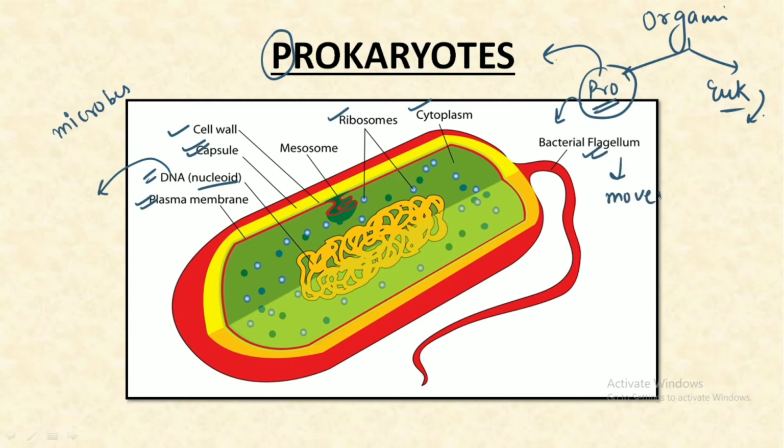This flagellum helps in the movement of the bacteria, and we also have some mesosomes. And what are mesosomes? The infoldings of the plasma membrane towards the inner side of the cytoplasm are given the name of mesosomes, and we will understand their functions in the next slide.